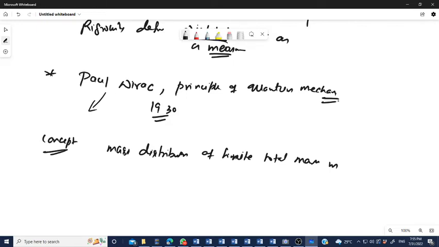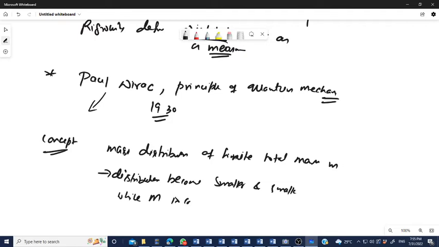So what happens when the mass distribution becomes smaller and smaller while m is constant? You have to keep m constant, and the distribution becomes smaller and smaller.